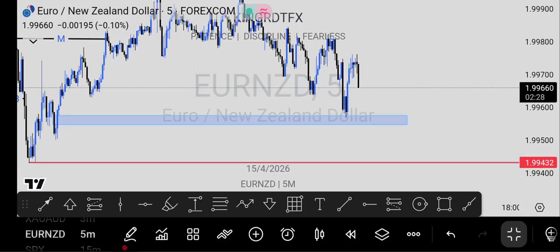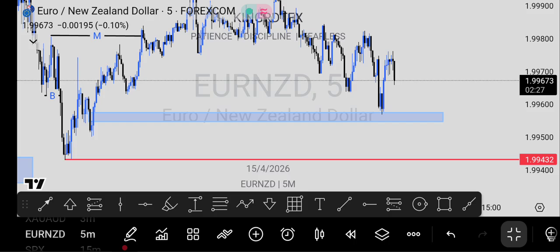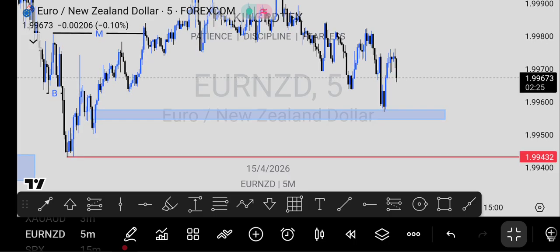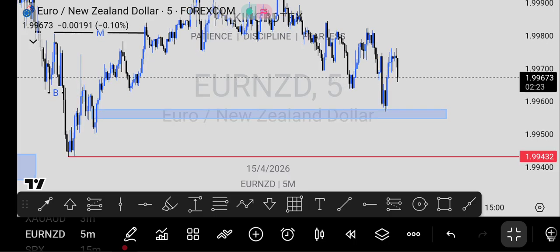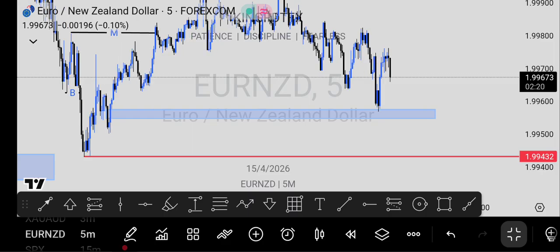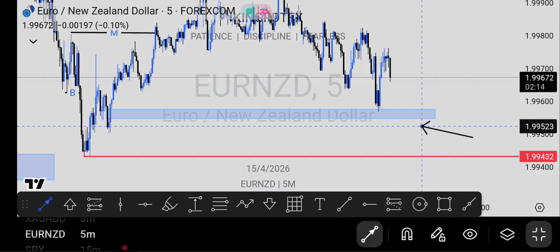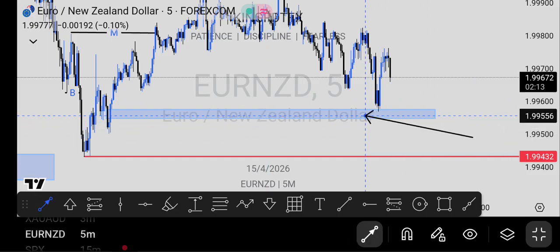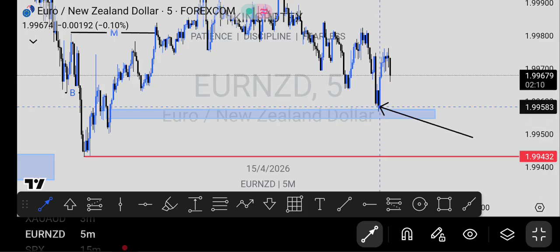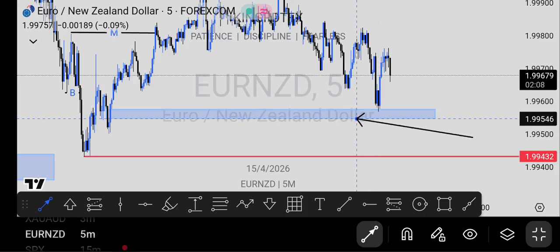When price is doing this, the reason for me to enter from this point right here, from the fair value gap, is because we're on a lower time frame, right?